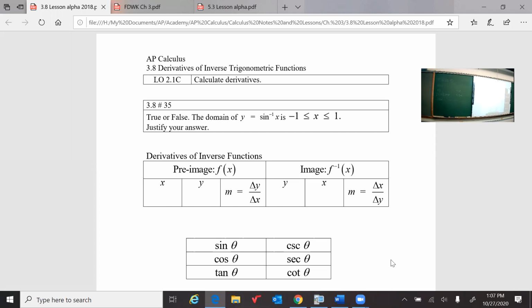So what's happening here? The pre-image, you have x and y in the H chart. The third column is the slope, the derivative, which is delta y over delta x. For the inverse, these switch. So you have y and x, and the slope is delta x over delta y.